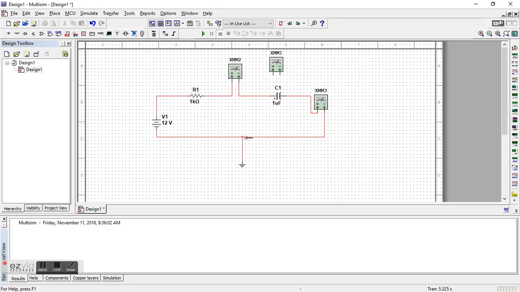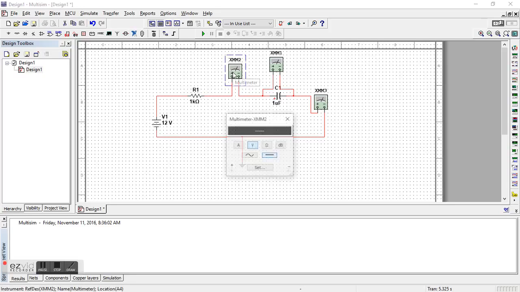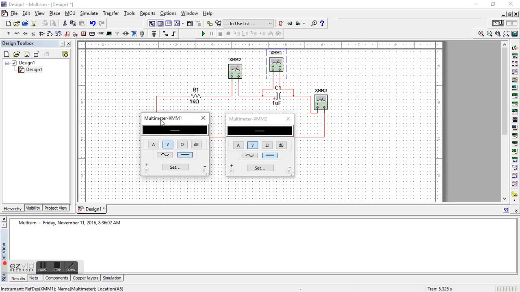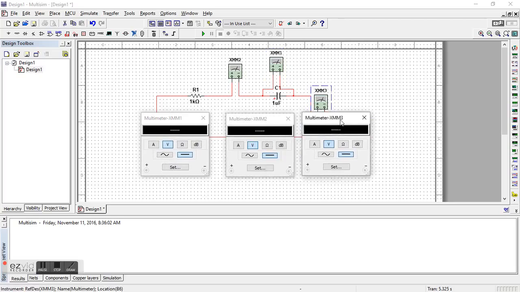And then connect the ground. Then connect the voltmeter in parallel to the capacitor. Set the voltmeter for volts and set the ammeters for current. And then run the circuit.